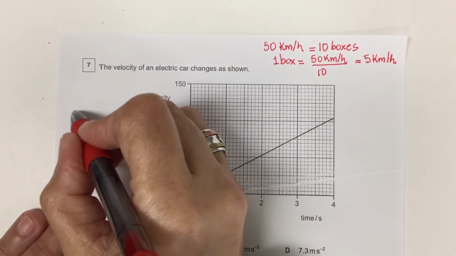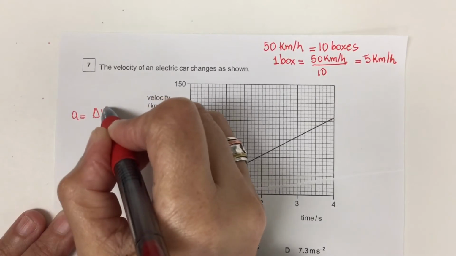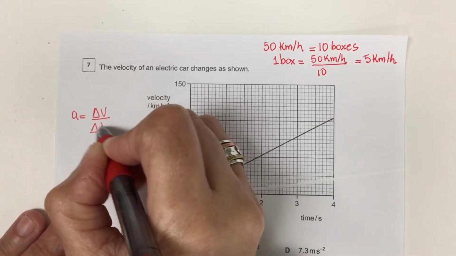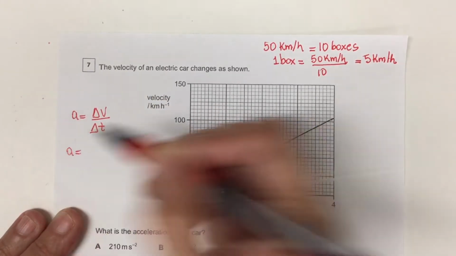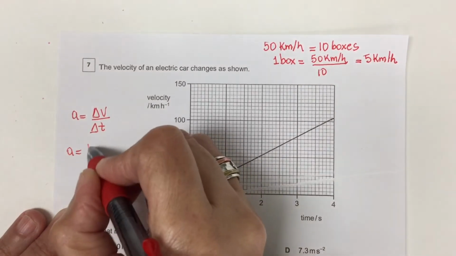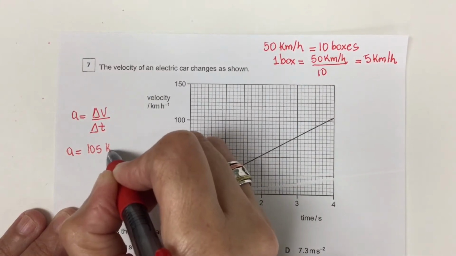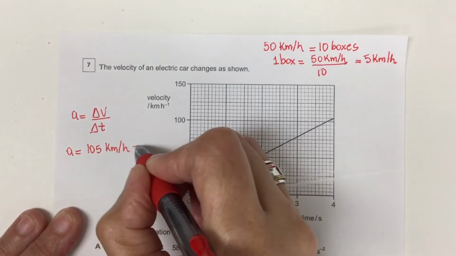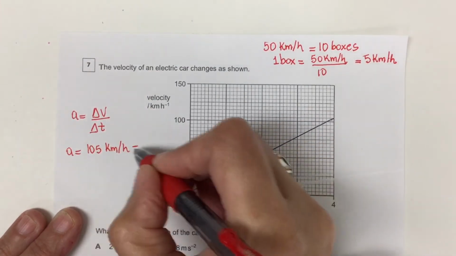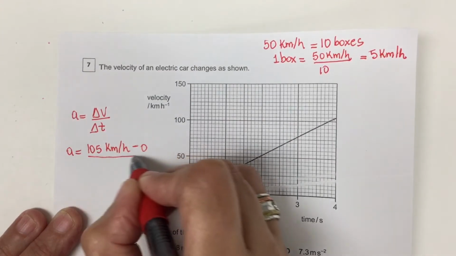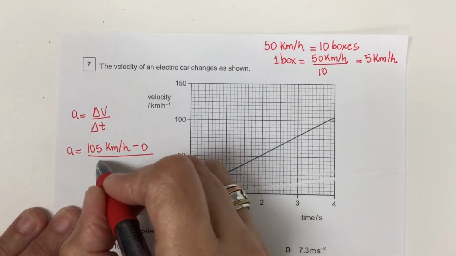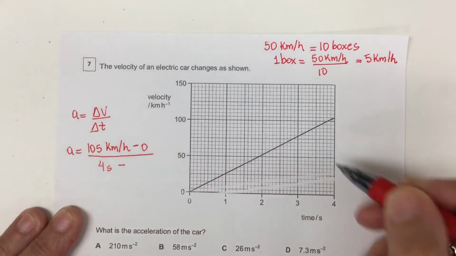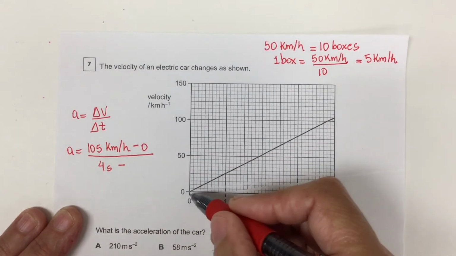Okay, by definition, acceleration is the change in velocity over change in time. So my change in velocity, my final here is 105 kilometers per hour minus the initial one, which is 0, and the time is 4 seconds minus 0.